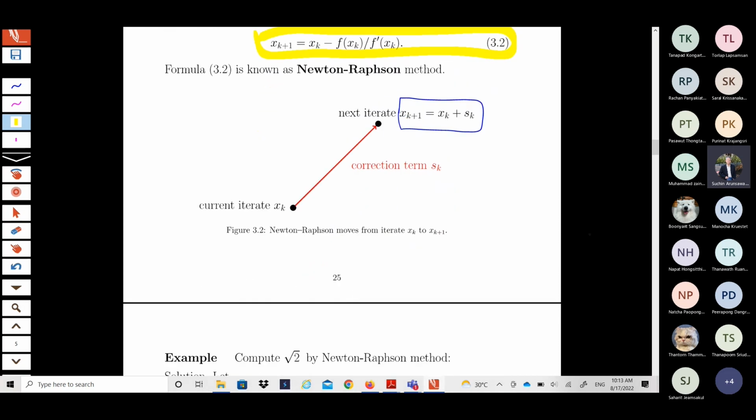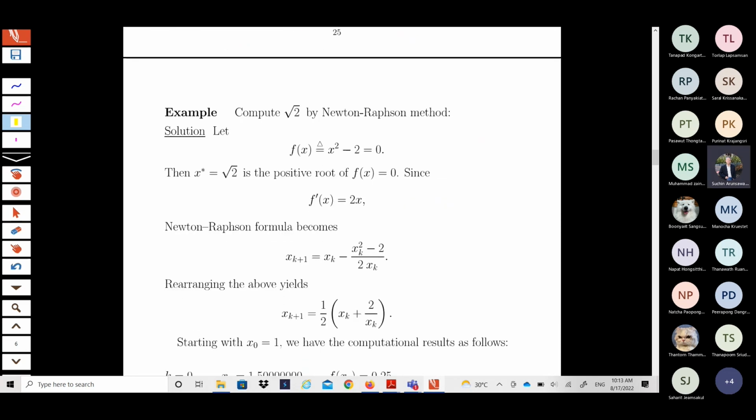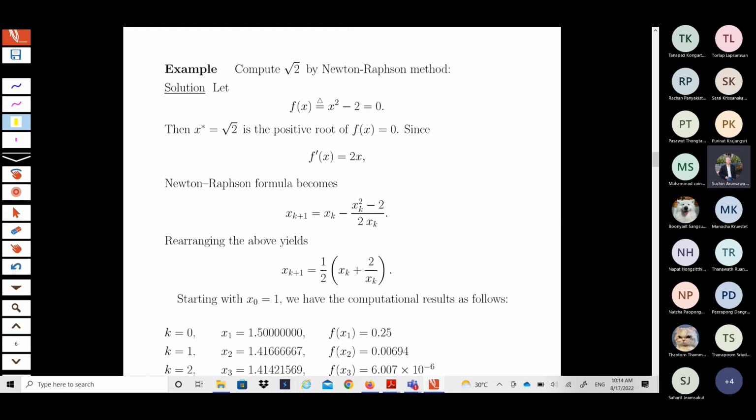Now, in the next example, we will illustrate how to use Newton-Raphson. We apply this to the same problem as last time: we compute the square root of 2 by the Newton-Raphson method. Now we choose a function f. The square root of 2 is a root of f(x) equal to x squared minus 2, right?